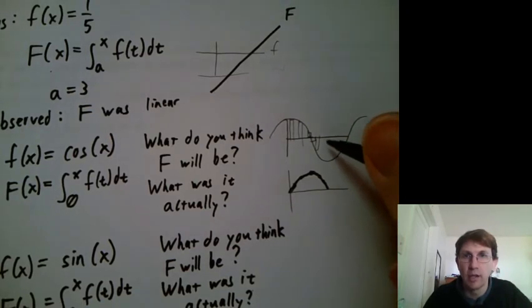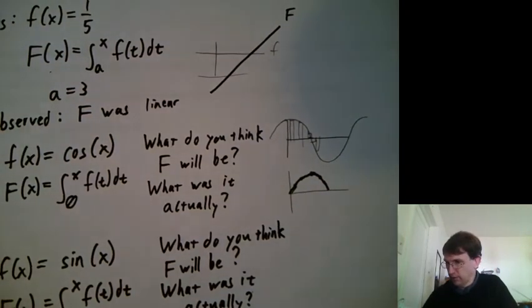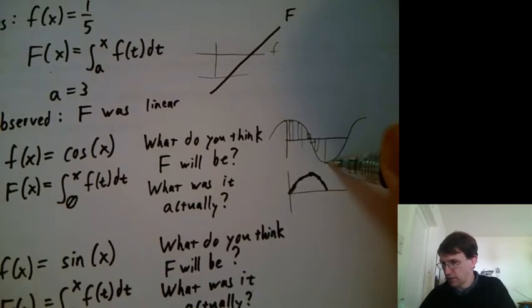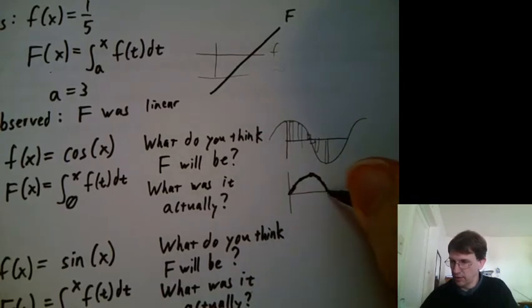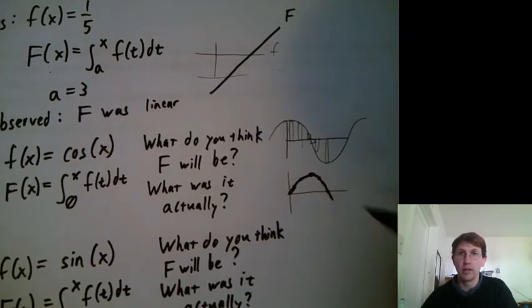And by the time I get here, my boxes are going to be fairly tall, have a fairly large negative area. So this is going to be, in little steps, decreasing quite quickly.